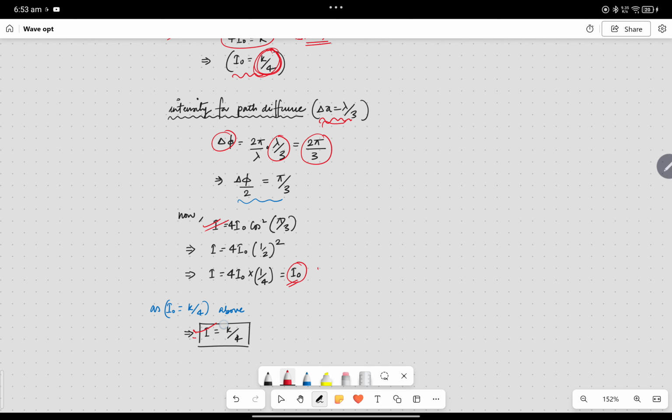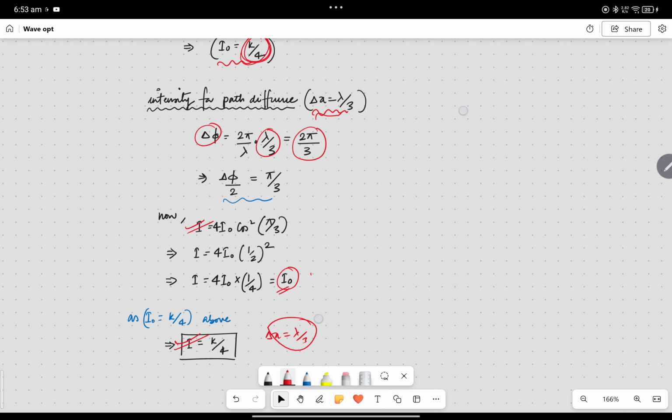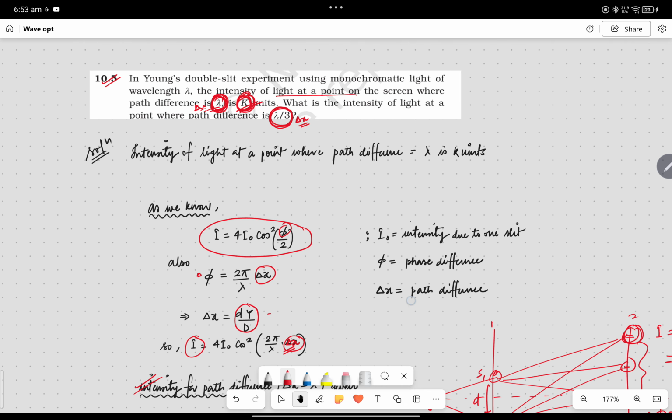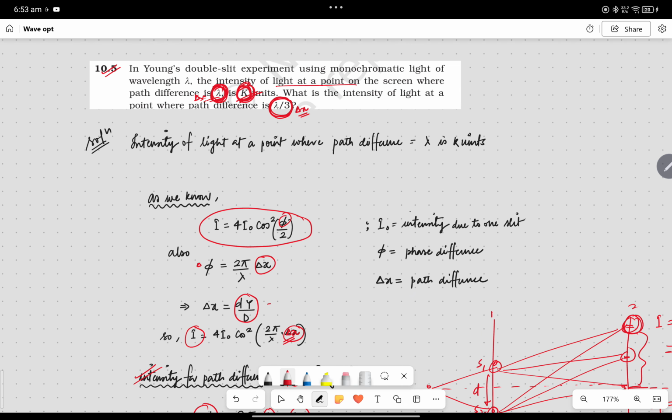Hence the intensity for delta x equal to lambda by 3 is I = k by 4, right? So this is the simple solution of this question.